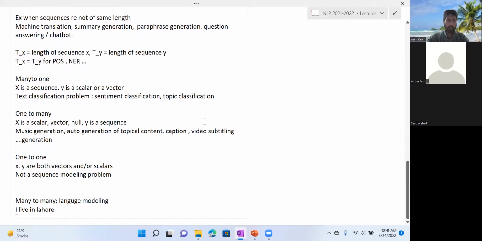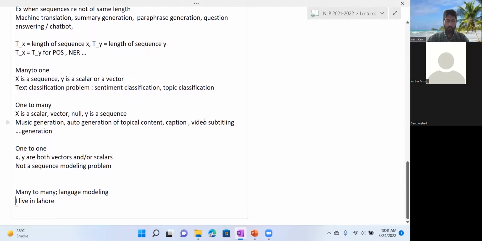So let's say this is X. So let's say this is Y. Okay. So this is the output that you desire. The input is what? The preceding word. So you have, for example, the start of sentence, then I, then live, in, then Lahore. So this would be your X and that would be your Y. So this is language modeling.